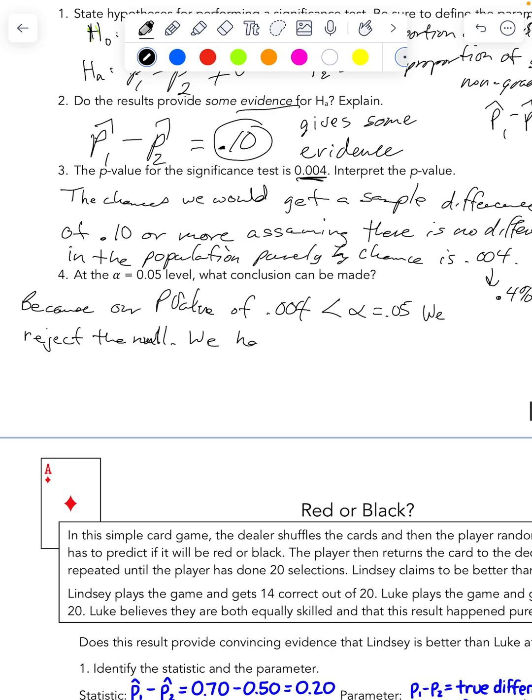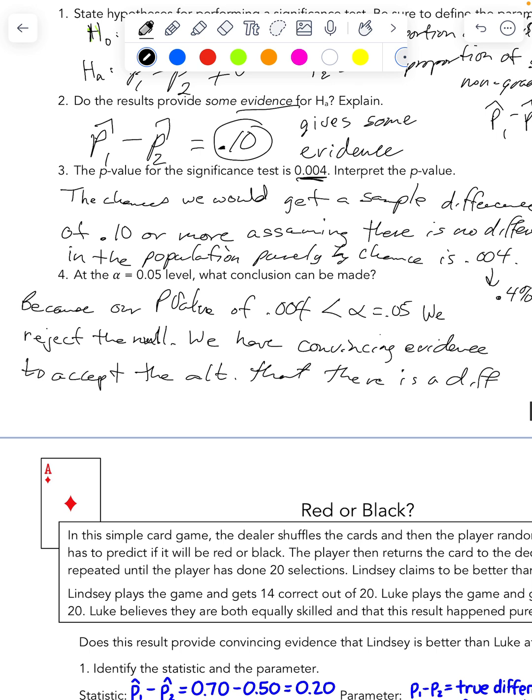So we have convincing evidence to accept the alternative, that there is a difference in life satisfaction between college and non-college grads.